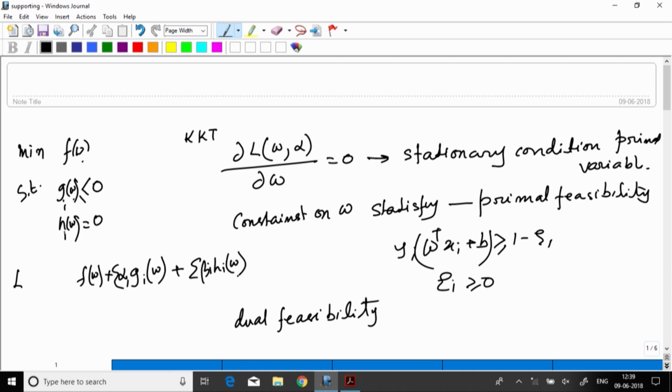We'll take everything into the function, all this left-hand side, these g_i's and h_i's, and we'll have some multiplier with each, and we'll take the sum over all the constraints. How should this multiplier be? Alpha is greater than or equal to 0, but beta can be anything, unrestricted.